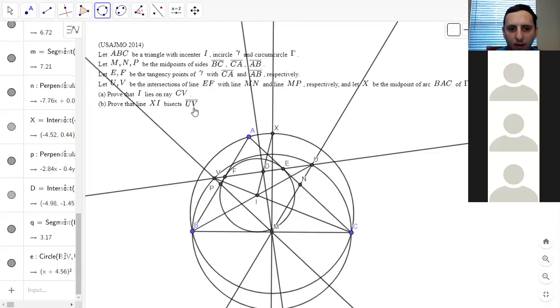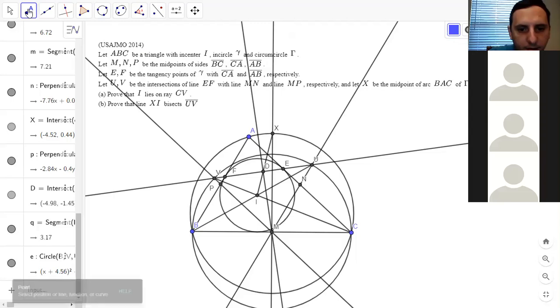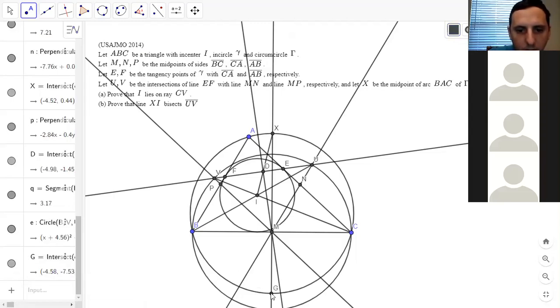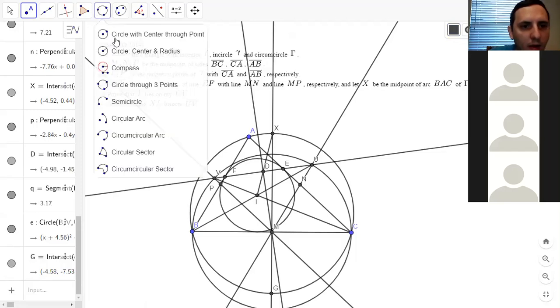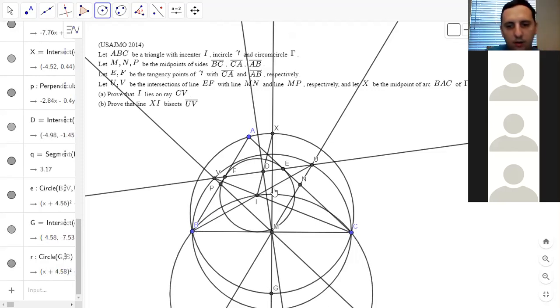Oh, well, you can call the intersection of AI and circumcircle ABC, basically this point, right? Can you draw the circle with that point as center and radius to I? Yeah. So G is the circumcenter of BIC, right? Yeah, so you can easily see that X is the intersection of the two tangents from B and C. So it must be the median one.